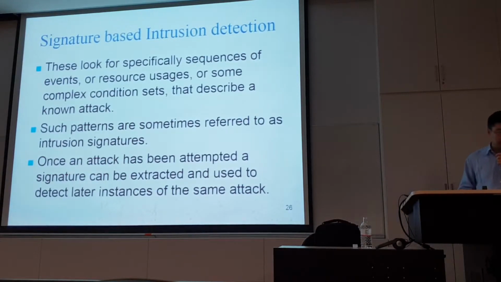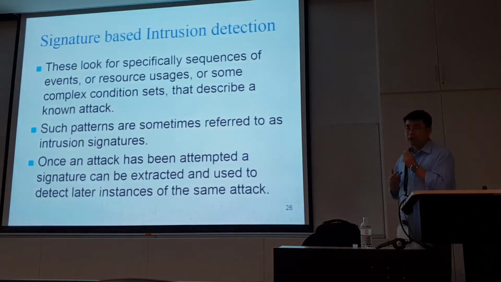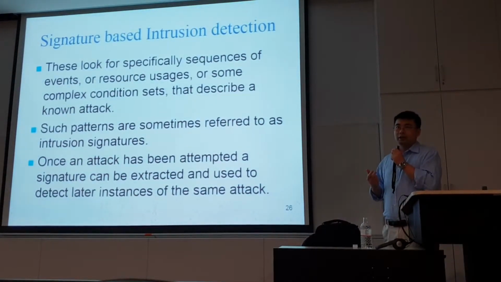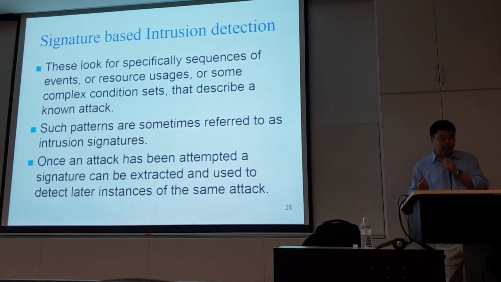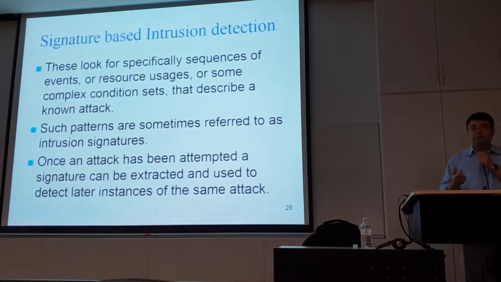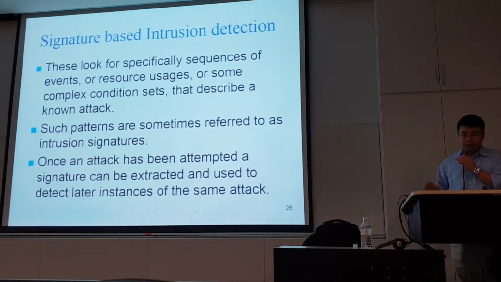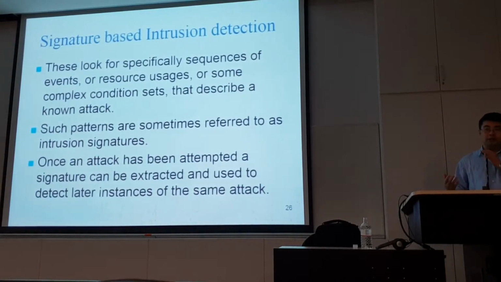And the second approach is signature-based detection. This is similar to signature scanning in antivirus software. So we define what is bad behavior, or illegal behavior, or dangerous behavior. And if we find some active profile or actions which match this malicious or bad behavior, then we can raise an alarm.